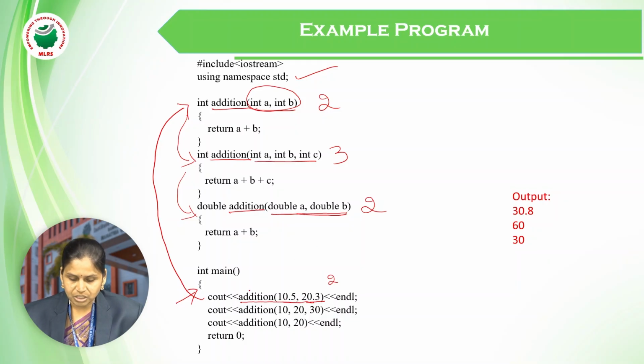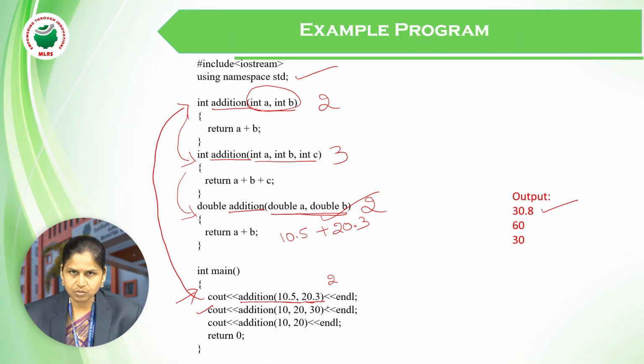When the function definition is matched with the function call, then it will be executed by the compiler. So here return A plus B means the first value is 10.5 plus the second value B is 20.3. The answer is 30.8. After the execution of this statement, it goes to the second cout: addition of 10 comma 20 comma 30.